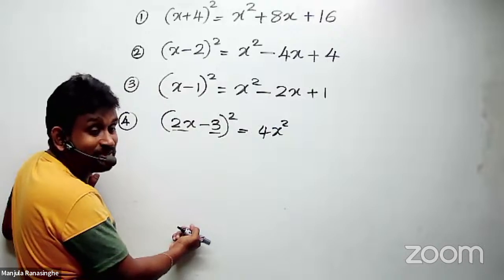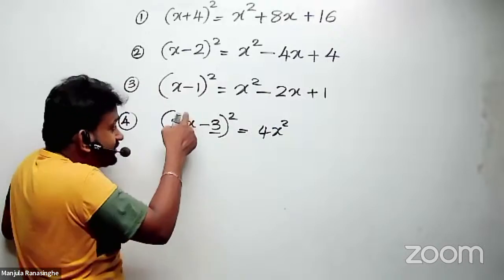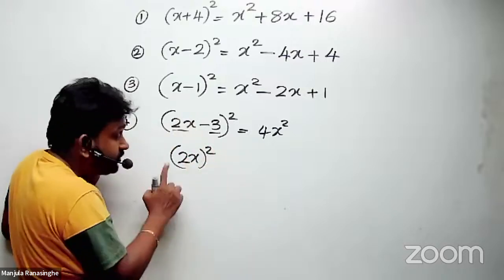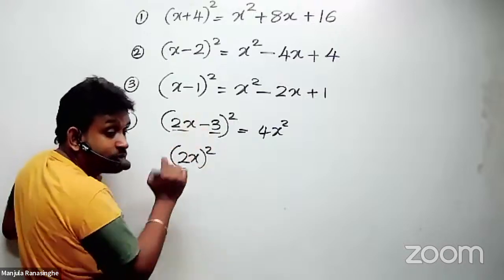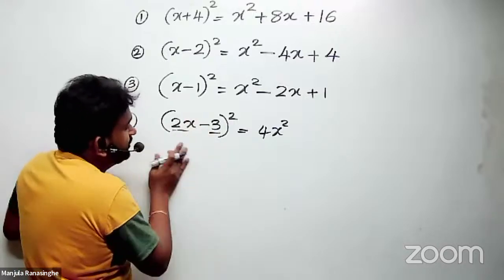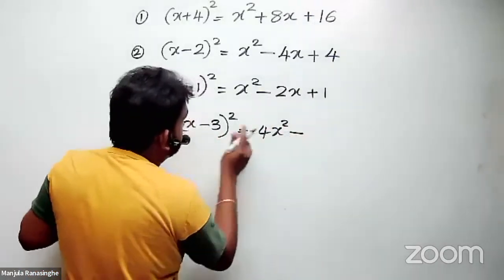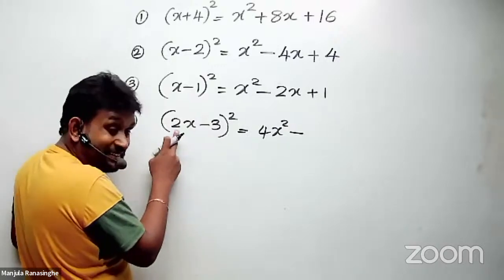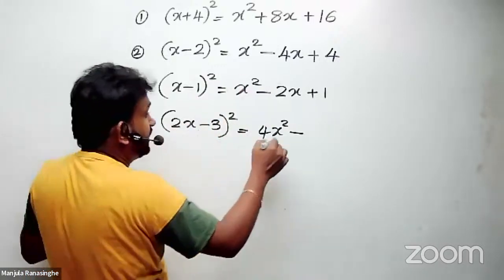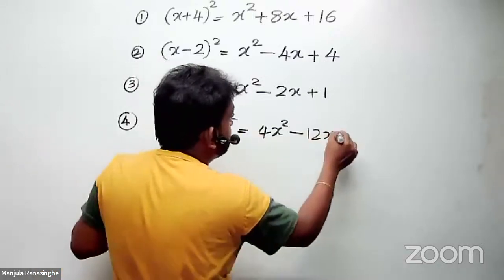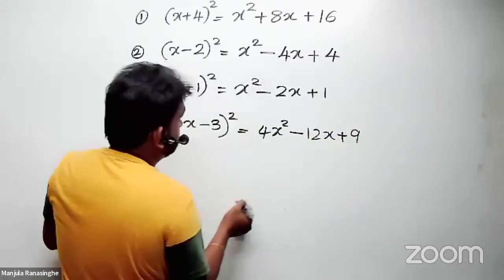Not 2x squared only. 4x squared. Then negative there. So negative, now see the multiplications. 3 into 2x, 3 into 2, 6x, twice is 12x. Right. Plus the last term, negative 3, 3 squared, 9.